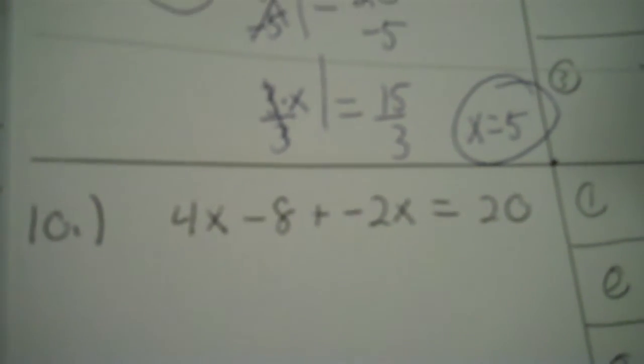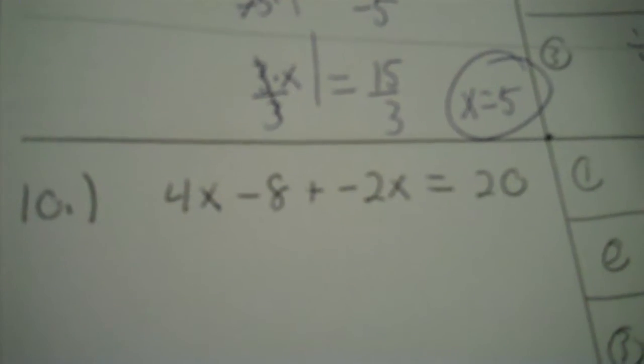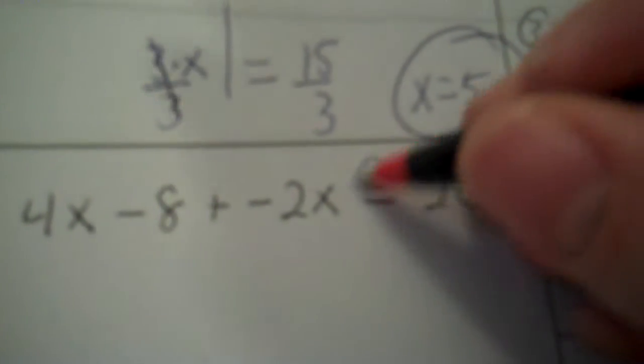Okay, number 10. 4x minus 8 plus negative 2x equals 20. Okay. So where are the, oops, I forgot to write it. Okay. Sorry. Write opposite side or same side. Sorry, I forgot to put that. Okay, looks like here with the equals, they're same side.